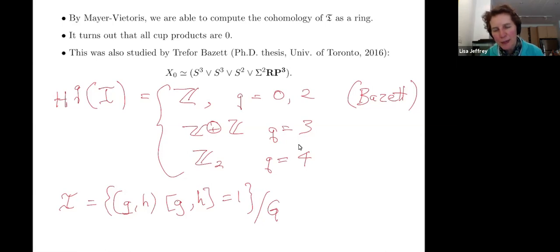Okay. I'll go on. So M, as before, is the set of points where the product of commutators is minus the identity. And this one actually is a manifold.